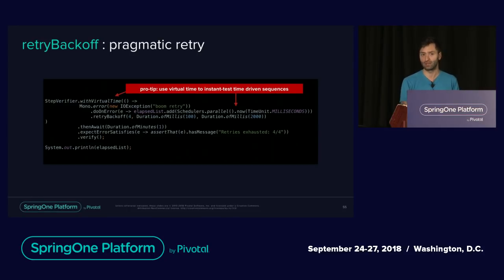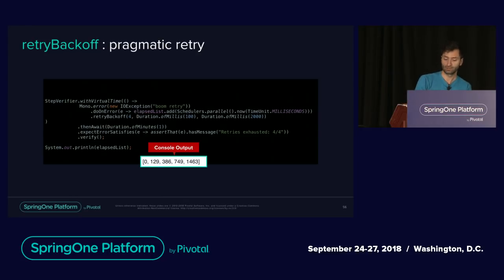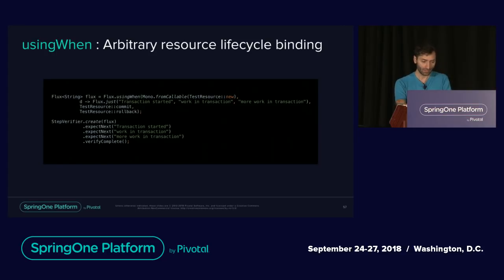If you don't do that, you have tests waiting forever because they use real time, and you don't want that. So there's a kind of random time we can get between retries. You see it's exponential, it's increasing, but also it's not exactly every 100 milliseconds or a multiple of 100 milliseconds.